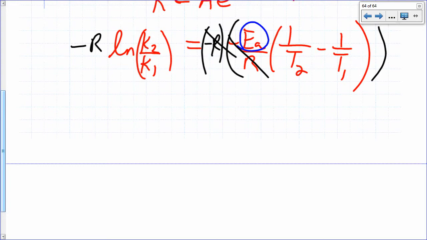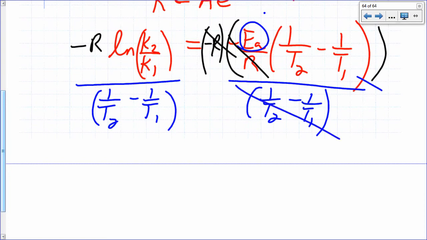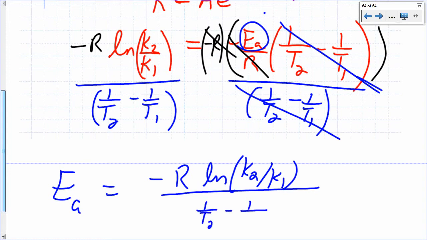Then I divide both sides by 1 over T2 minus 1 over T1, which gets rid of that one. So that gives me energy of activation is negative R times ln of k2 over k1, divided by 1 over T2 minus 1 over T1.